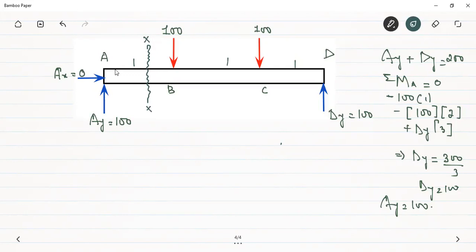Then I need to draw the free body diagram of either the left hand side of the section or the right hand side of the section. Therefore I will break this beam into two parts, left hand side and right hand side. I will draw the FBD. For finding the shear force we need to take only either left hand side or right hand side, but initially I will discuss both the cases. Shall I move to the next slide? Okay.